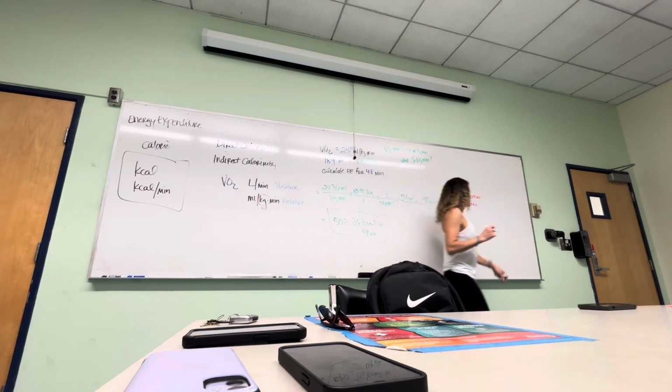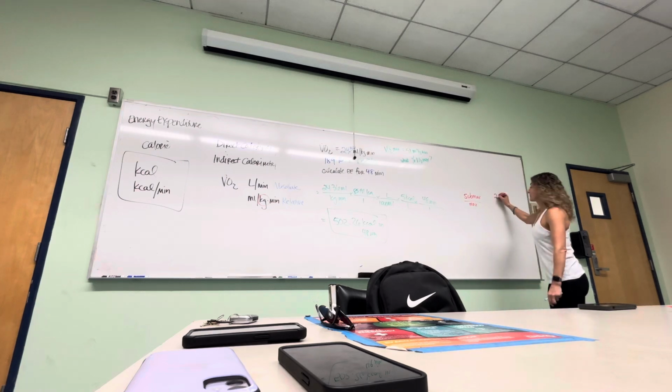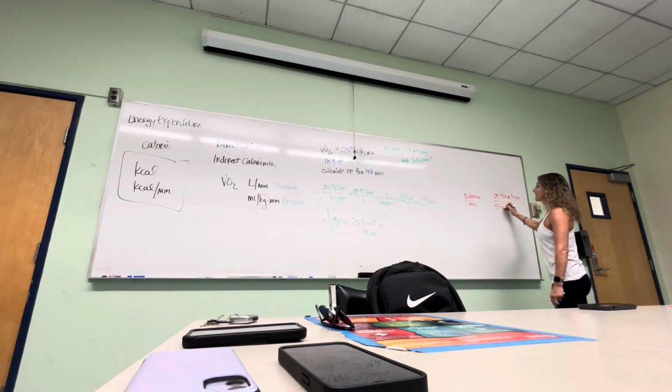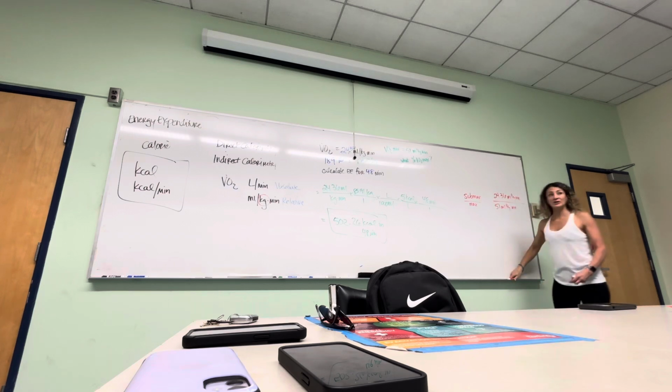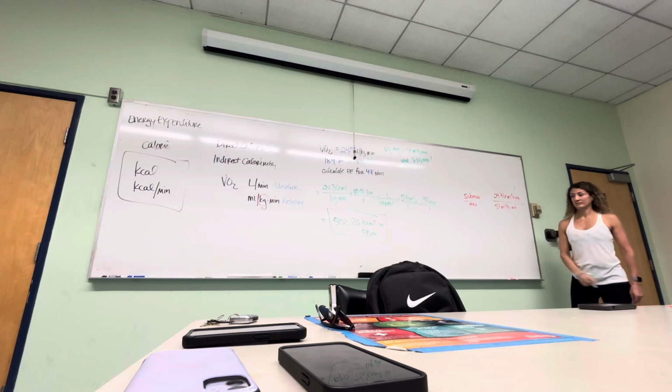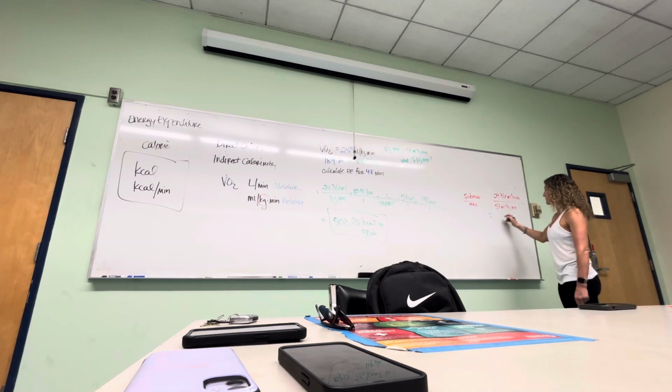So same with VO2. Submax, what they're exercising at, is 24.36 mLs per kg per minute. Max is 51 mLs per kg per minute. As long as the units match, this works.